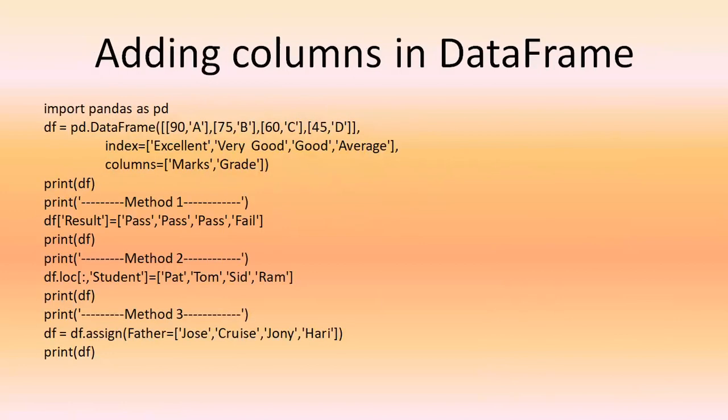First of all, adding columns in a data frame. Here, using a list of lists, we create a data frame in which we store 90 for A, 75 for B, 60 for C, and 45 for D, with the index excellent, very good, good, and average.